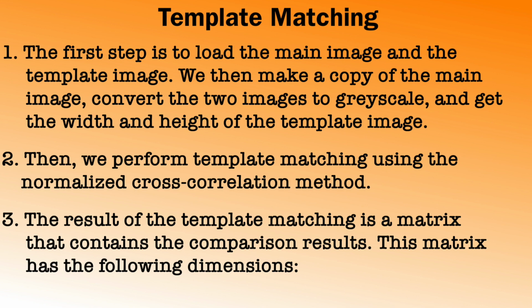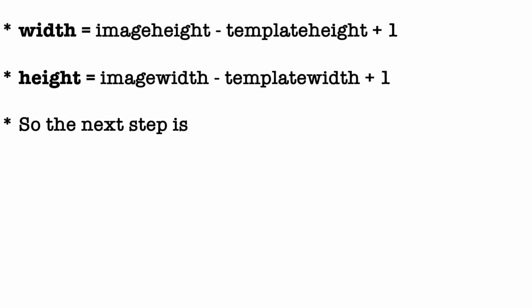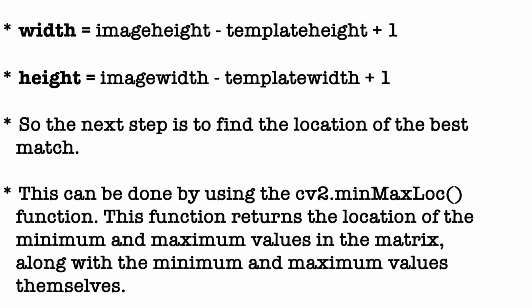The result is a matrix that contains the comparison results. The matrix has the dimensions: width is image width minus template width plus 1, and height is image height minus template height plus 1.